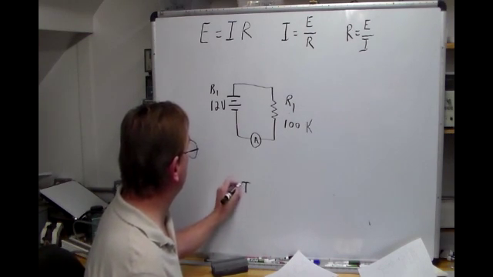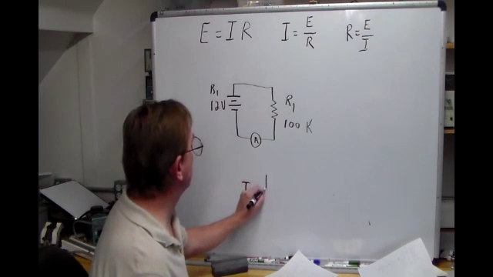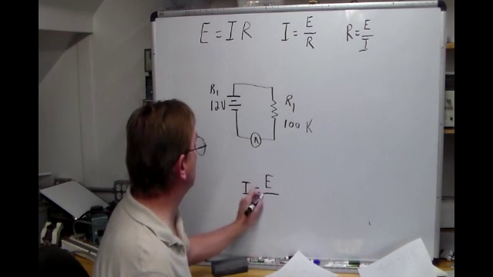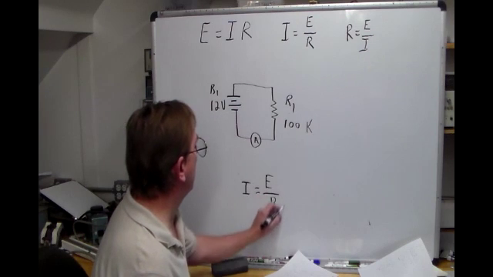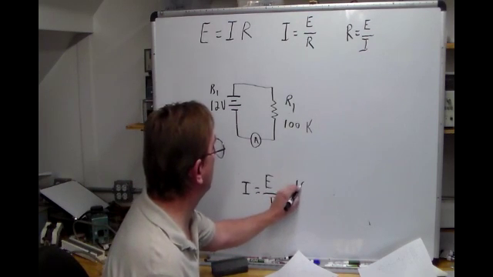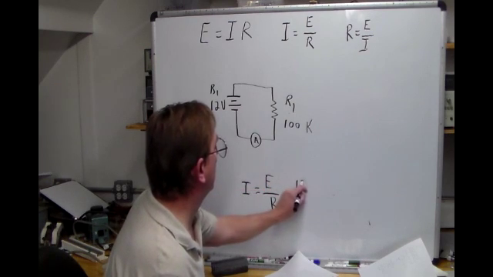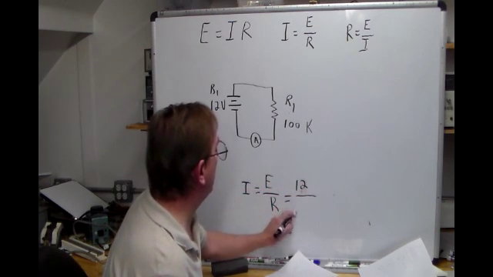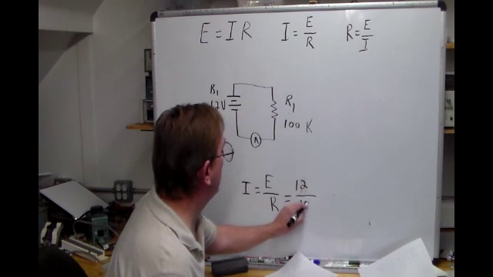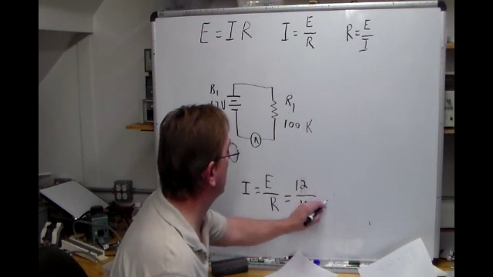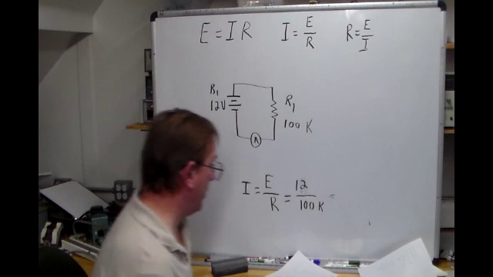The current equals the voltage over the resistance, and that equals 12 over 100,000.